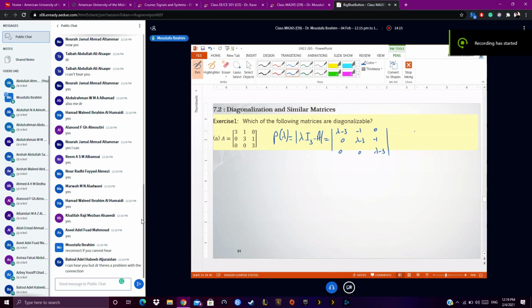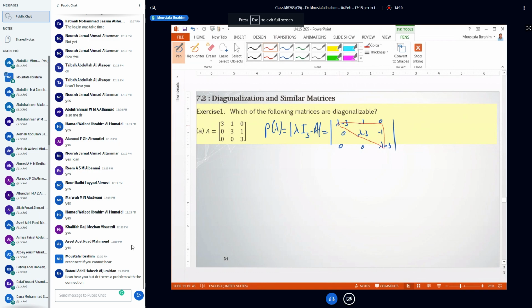Of this matrix, since it's an upper triangular matrix, the determinant will be the product of the entries of the main diagonal, so we get (lambda minus 3) cubed, isn't it?